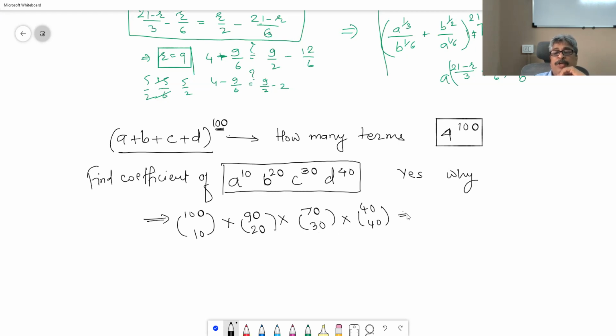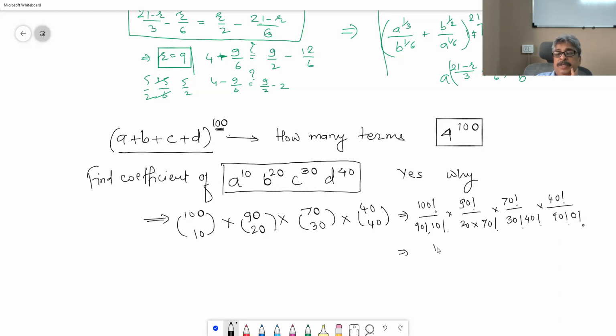This is one way of looking at the answer, and if you really expand it, 100 factorial upon 90 factorial into 10 factorial, into 90 factorial upon 20 factorial into 70 factorial, into 70 factorial upon 30 factorial into 40 factorial, into 40 factorial upon 40 factorial into 0 factorial.